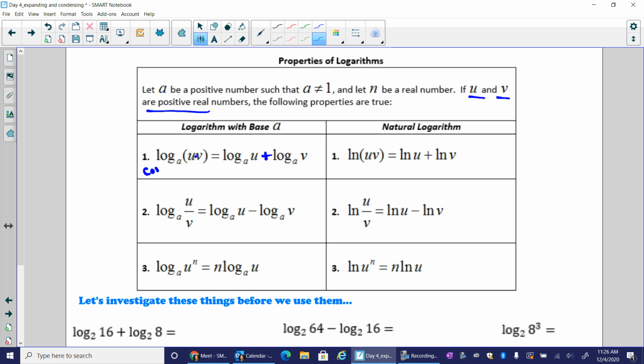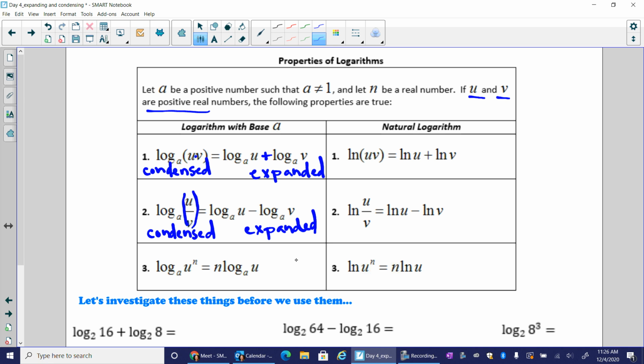I'm going to be calling this a condensed form, one logarithm, and then there's expanded form. Now you see two logarithms. Okay, rule two, if you have division within one logarithm, so this is the condensed form, then you're going to have subtraction in the expanded form.